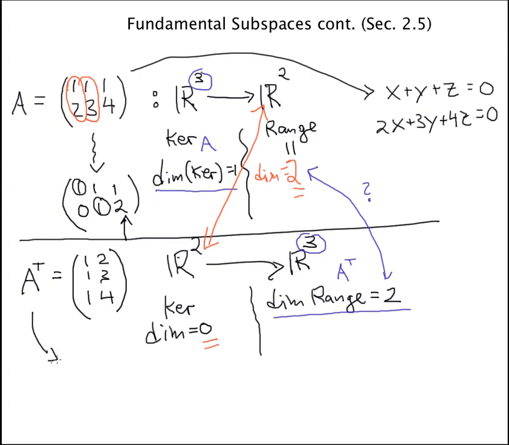Whereas this corresponds to the equations u plus 2v equals 0 and u plus 3v equals 0 and u plus 4v equals 0. And they're just totally different.